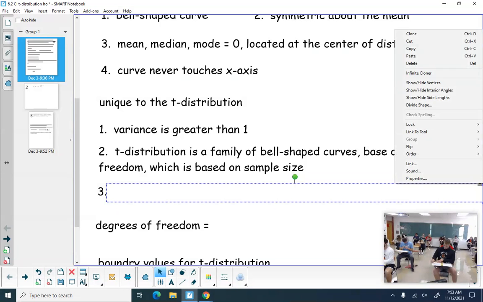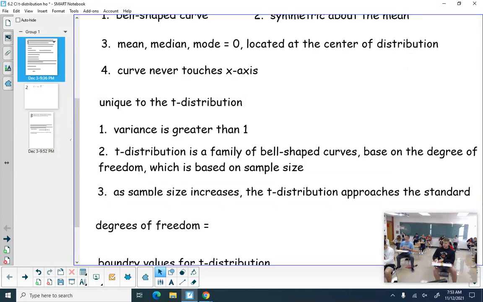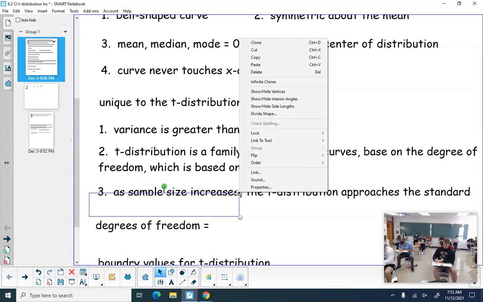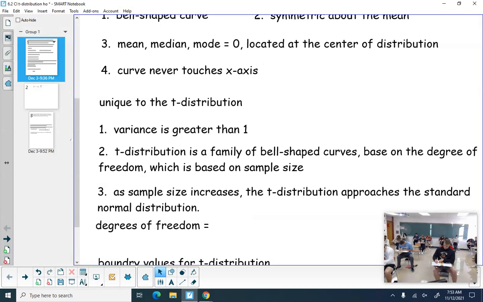And the third characteristic, as sample size increases, once again, you get to the law of large numbers idea. As sample size increases, the t-distribution approaches a standard normal distribution. So as sample sizes increase, it's going back to what we did with our normal distribution, our z-values, what we've dealt with up till now. A normal bell-shaped curve.